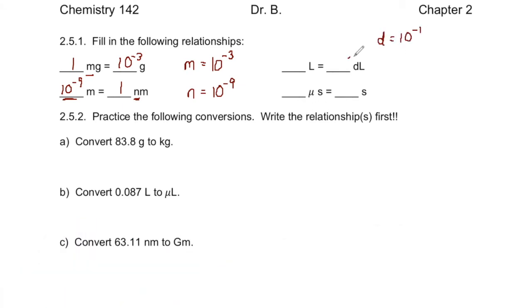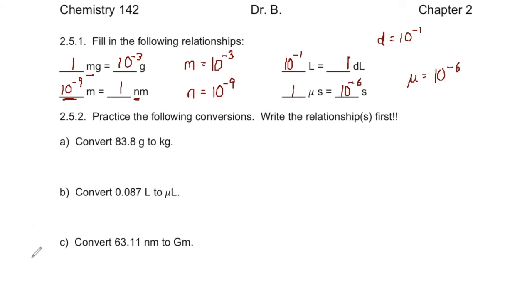Deci equals 10 to the minus 1, so 1 deciliter equals 10 to the minus 1 liters. Micro equals 10 to the minus 6. Micro is abbreviated with a Greek letter mu because the letter M is being used for too many other things. So 1 microsecond is 10 to the minus 6 seconds.